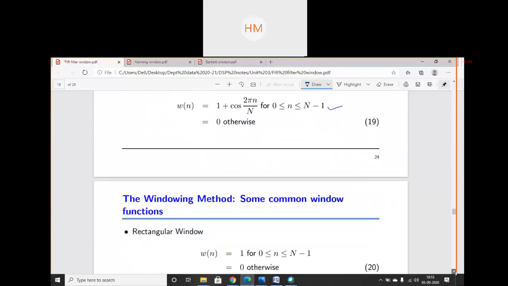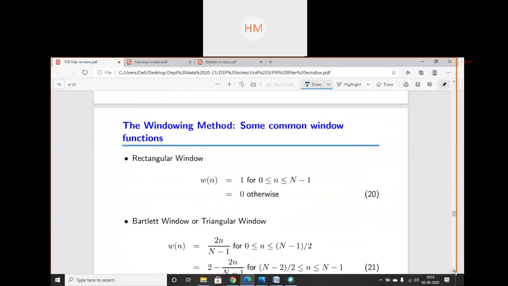So now we will start with some common window functions. Write down common window functions. First window is my rectangular window function. Write down this.